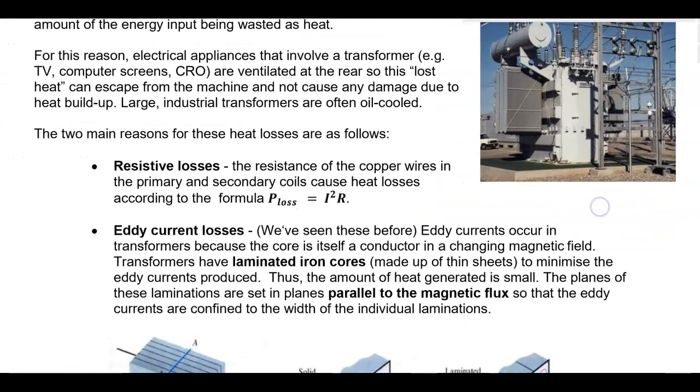First of all, we want to reduce resistive losses. The coils are often made of really good conductors like copper, because that reduces the resistance in that I squared R. As a result, especially at the moment, transformers sometimes go missing off work sites and so on because people want to steal the copper in them, which is a shame.